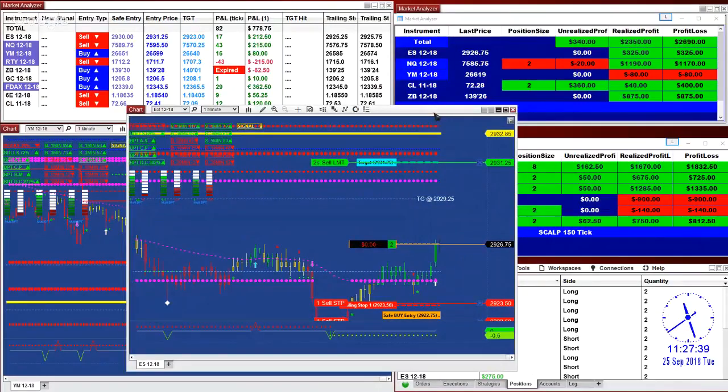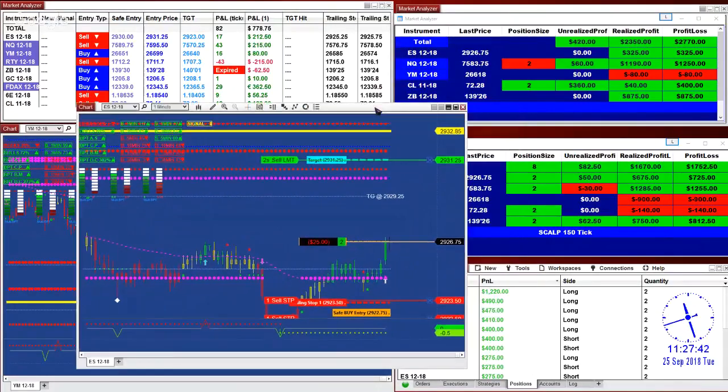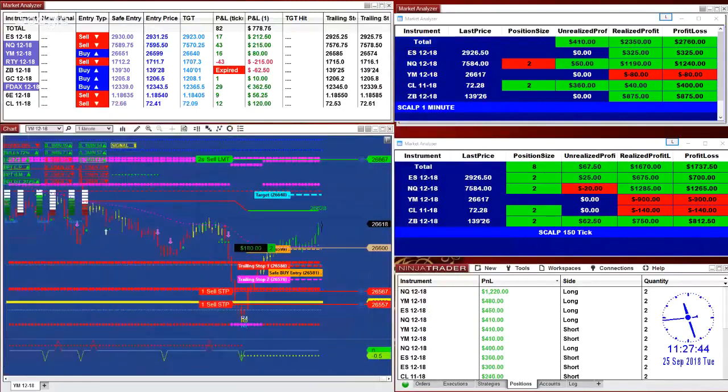So 26.75 is your entry on the ES. And we are waiting on the NASDAQ actually.